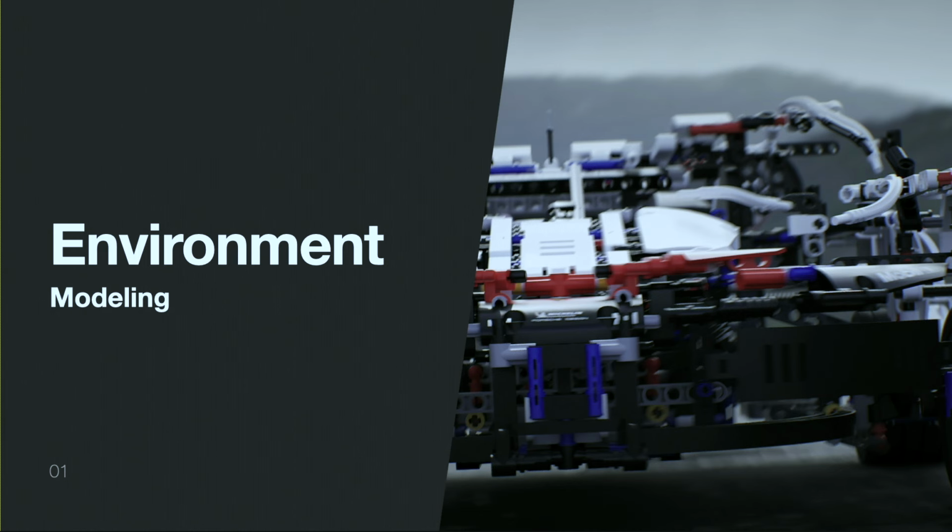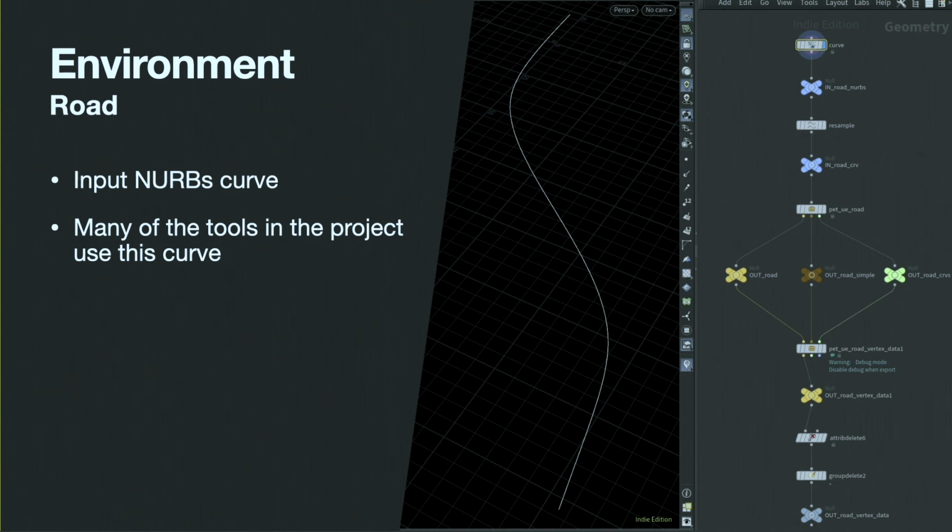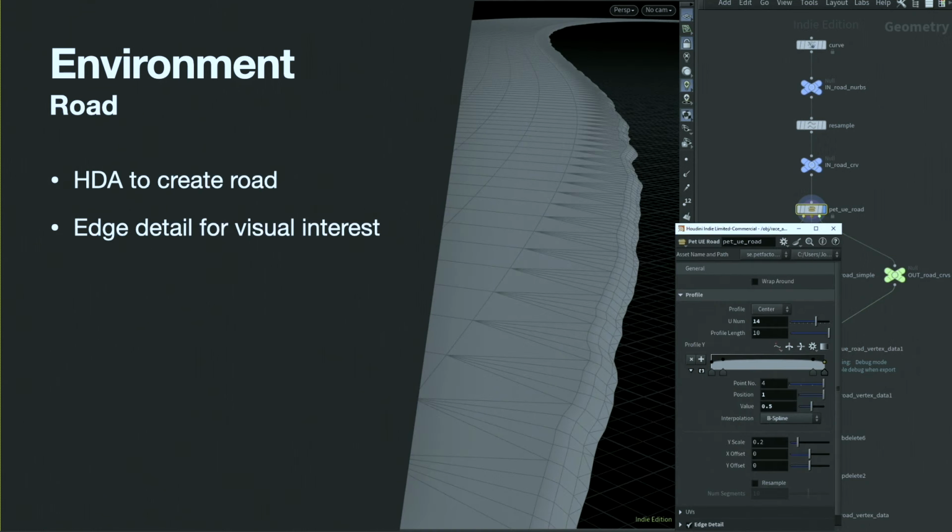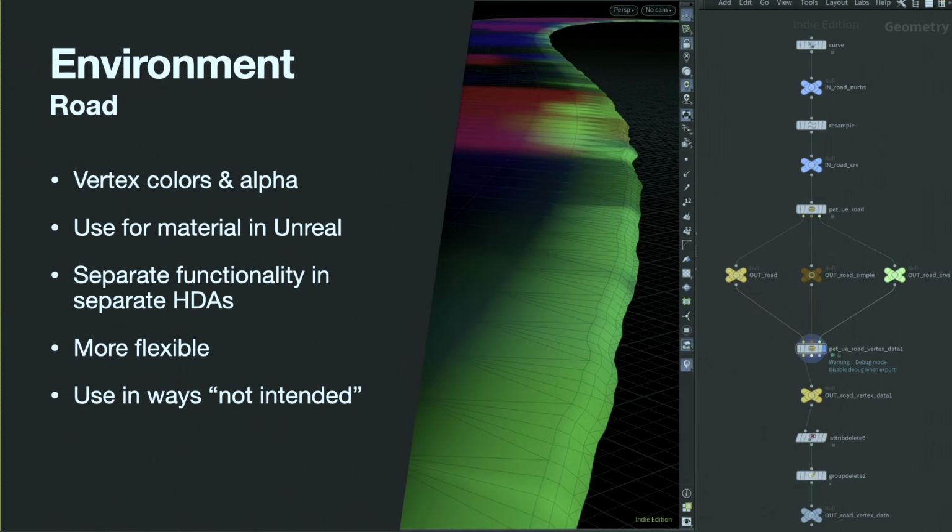So let's look at the modeling. It's super simple. You have a NURBS curve, starting with a NURBS curve. And then I created an HDA that will just create road geometry and add a little visual interest to the side of the road, so make it a little noisy there. And then I created a node that will add vertex colors.